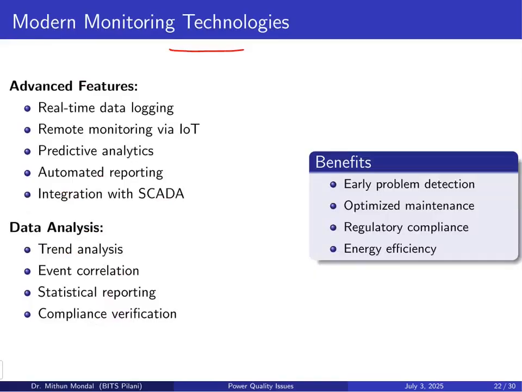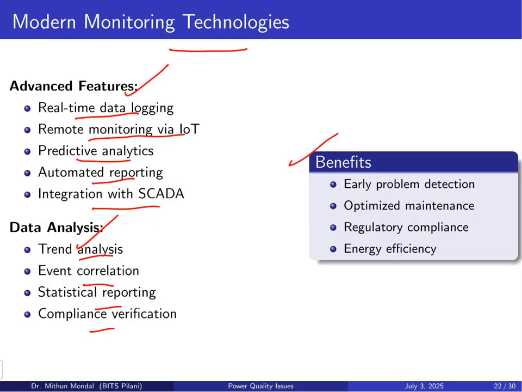If we talk about modern monitoring techniques, advanced features have come in terms of real-time data logging, remote monitoring via IoT devices, predictive analytics, automated reporting, and integration with SCADA. Data analysis is also done to find the trend, event correlation, statistical reporting, and compliance verification.